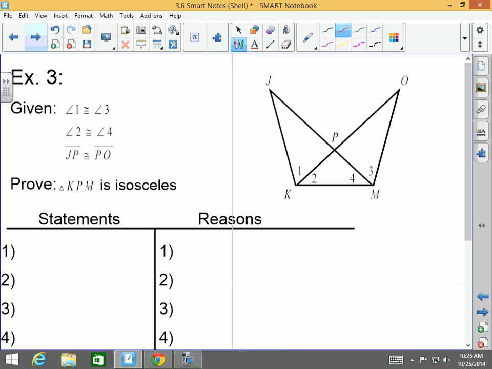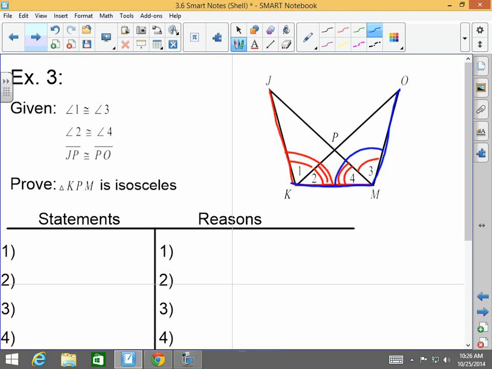I just want to draw this out to see what triangles we're working with. We also know that angle 2 is congruent to angle 4. So right off the bat, because of the addition property, we know that angle JKM is going to be congruent to angle OMK because of the addition property.